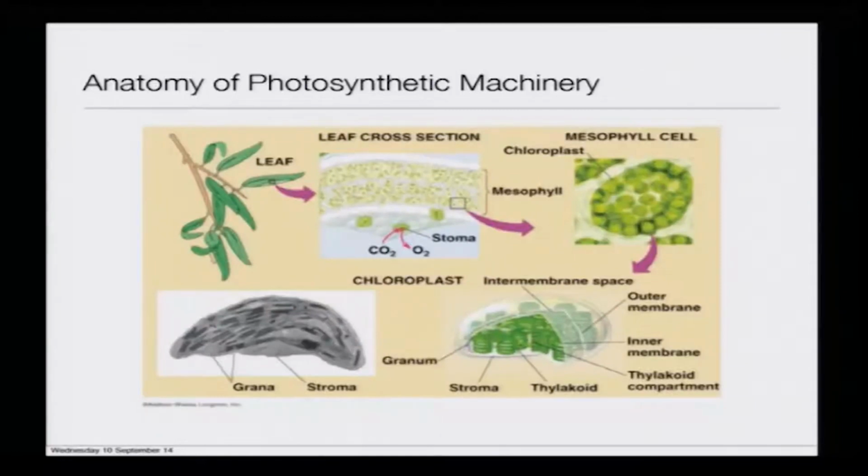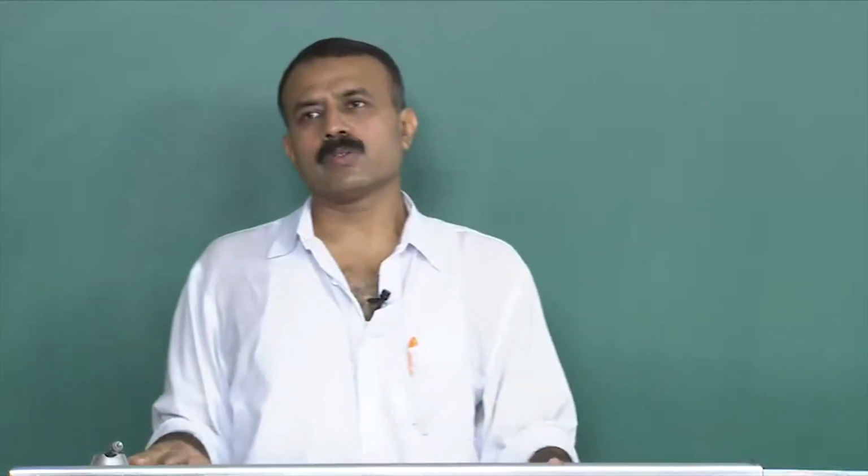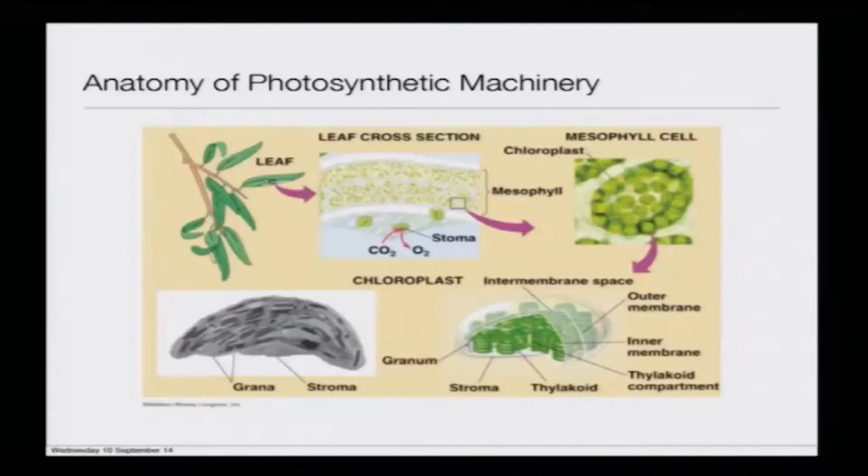If you take a cross section of the chloroplast in the microscope, this is how you see the stroma, the granum, the thylakoid membrane and the thylakoid compartments. The different thylakoid membranes are connected by connecting tubes, and this is a double layer structure in which the thylakoid membrane is housed.